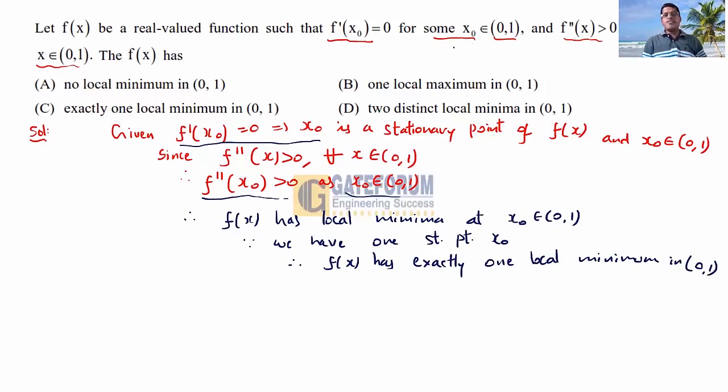And moreover, here given for some x naught belongs to 0 1. Some means it is the only stationary point, you can write here directly.